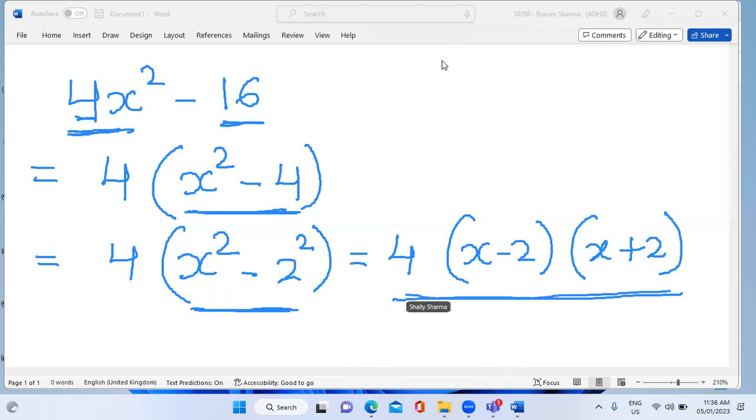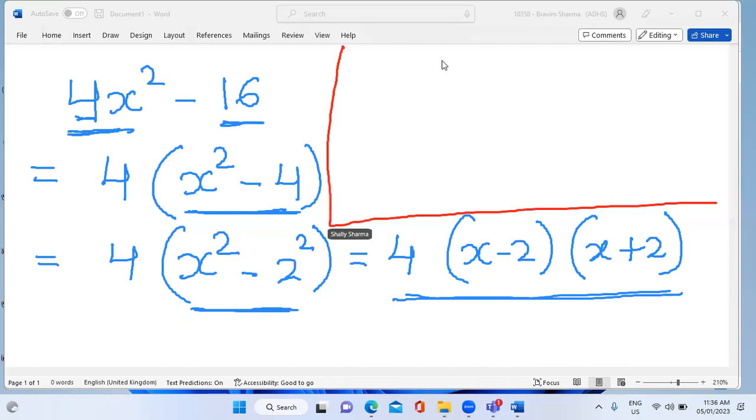Now the same question can be done in one more way, where I do not take 4 common, but I will always advise you to take it common, because sometimes we cannot solve it the other way around. Now what I do, we see that there are two terms, there is a difference, so I can try to write it as a difference of the squares of two numbers.